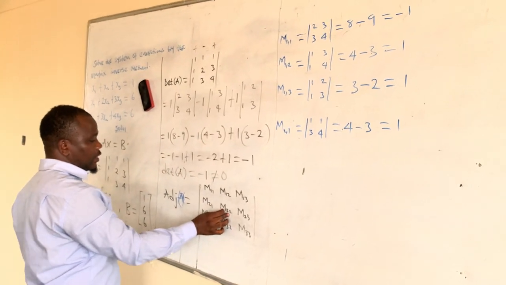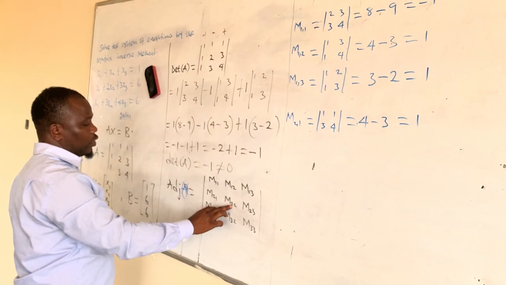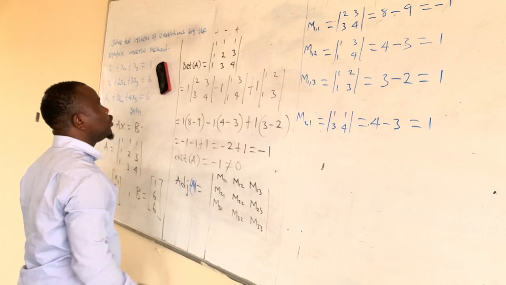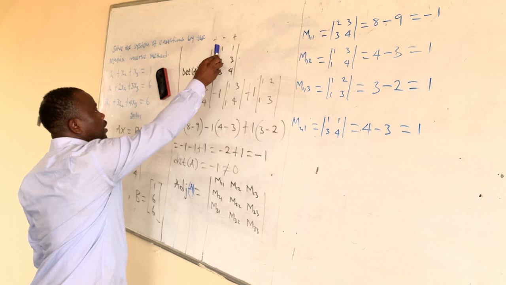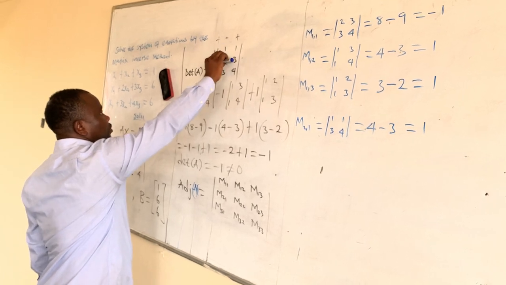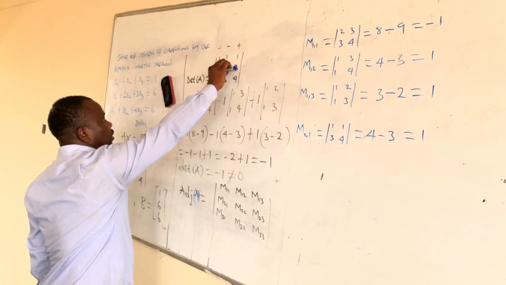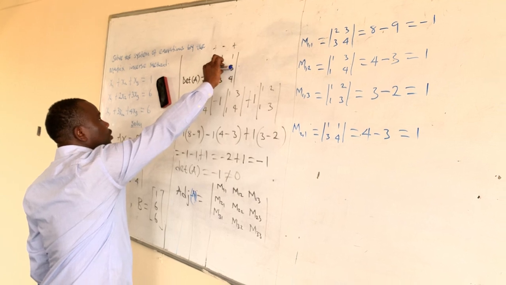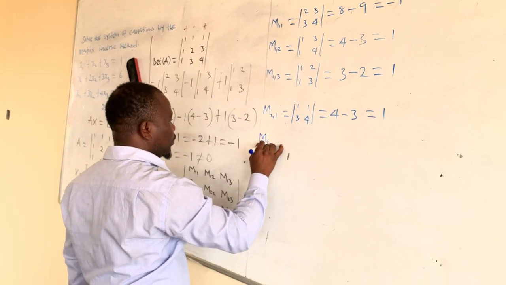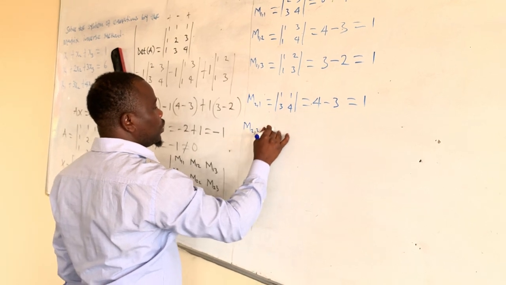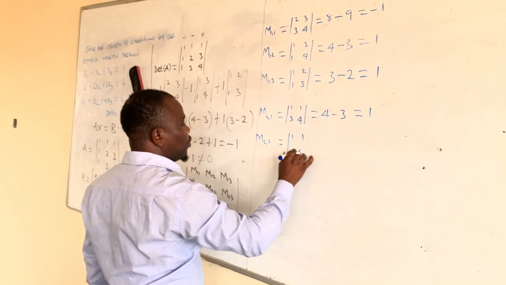Let's consider this guy, which is M2,2. The same thing is applicable here. It will cover this and it will cover this. So what are we saying? We are saying 1, 1, 1, 4. M2,2 is equal to 1, 1, 1, 4.